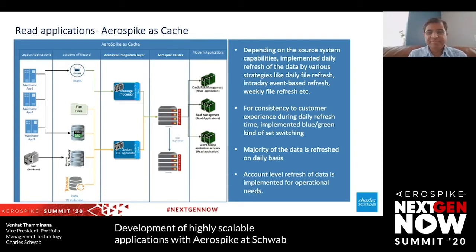And we also have a data warehouse on Teradata. We've identified all the source systems, and we worked with the applications to get the data into Aerospike, near-time replication. Some of the applications were providing flat files at the beginning of the day, and they're publishing events throughout the day.